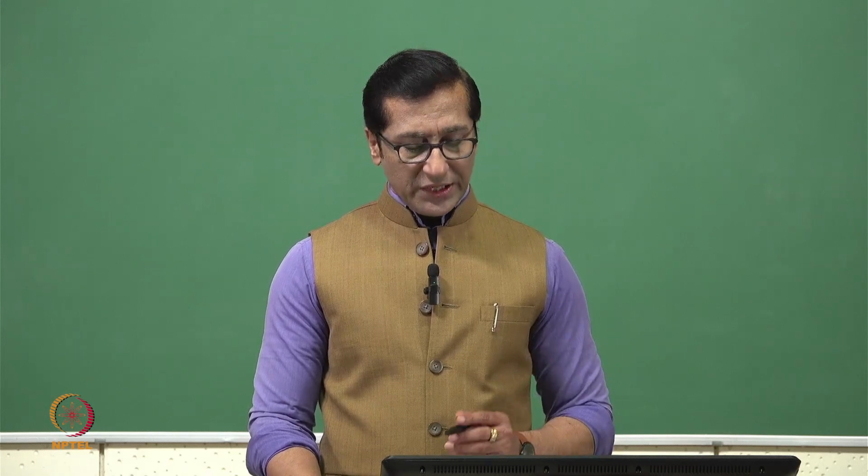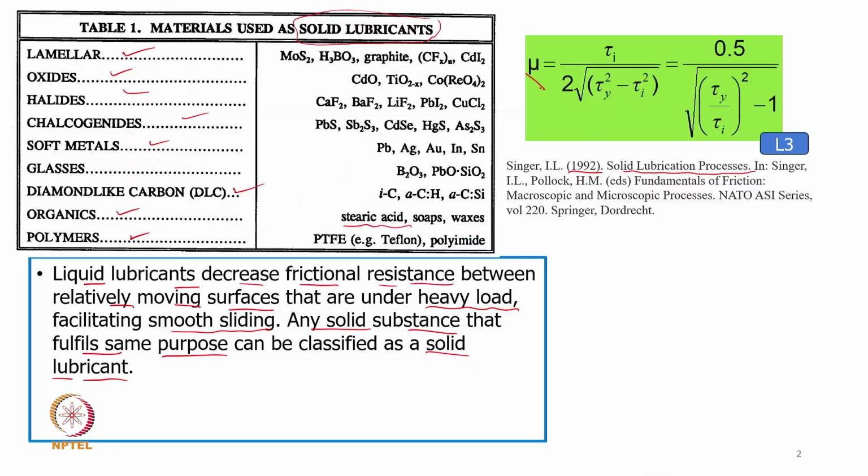Now we also derived the expression related to coefficient of friction, particularly for adhesive joints, in lecture 3, and we said that the coefficient of friction will depend on the shear stress of the interface and the shear stress of the soft matter.